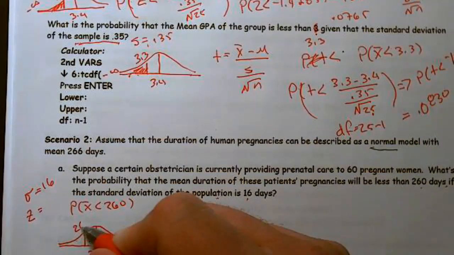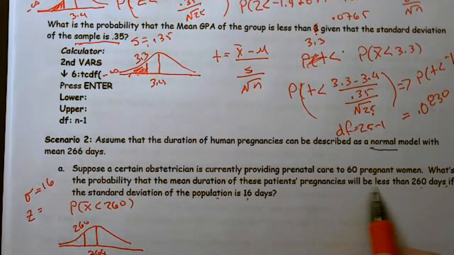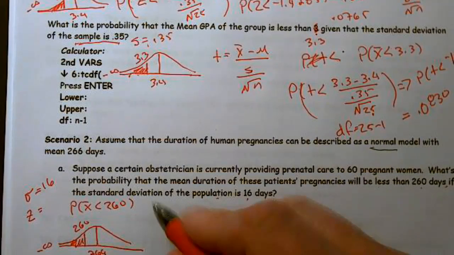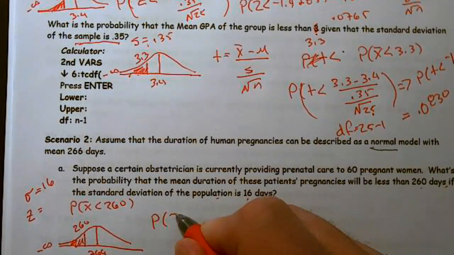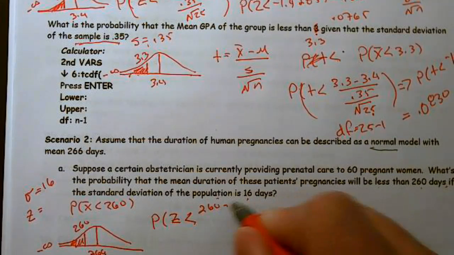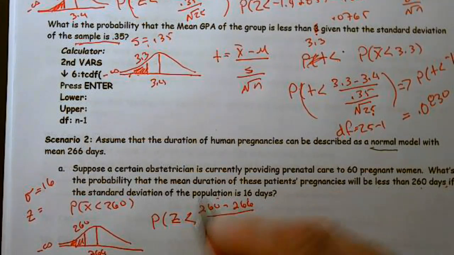We want to know 260, and it says less. So this is negative infinity. So we want the probability that Z is less than 260 minus the 266 over my standard deviation, 16, divided by the square root of, in this case, 60.